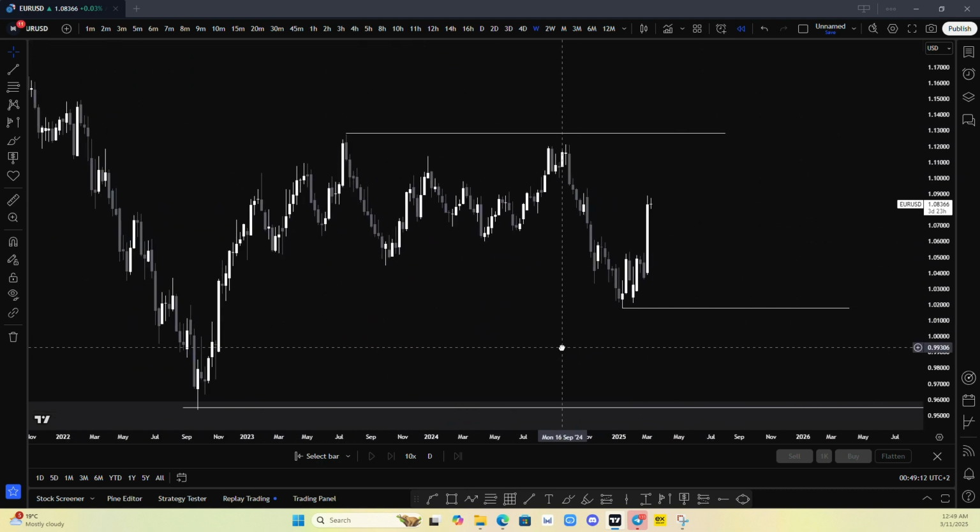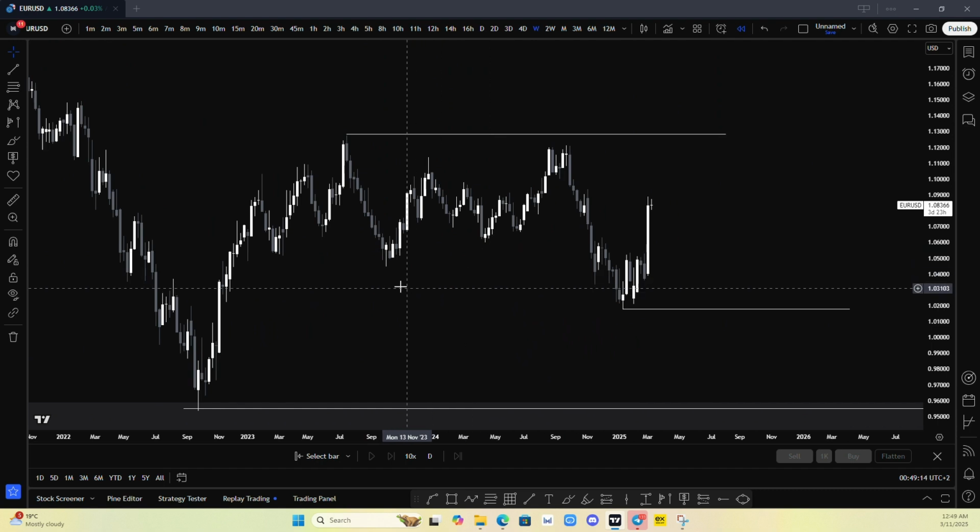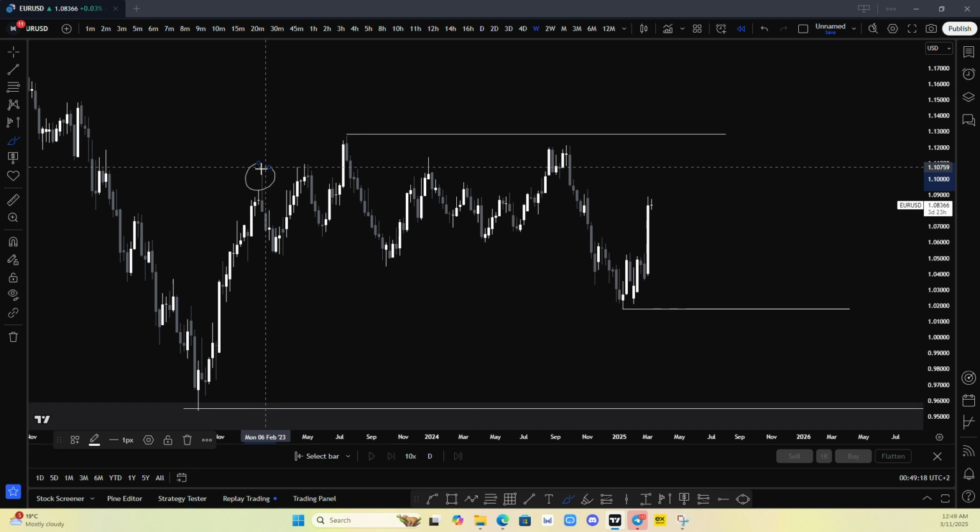So on the weekly chart, we can see that previously we had this uptrend, whereas our higher highs were being violated, our higher lows respected, our higher highs violated, our higher lows respected, and this here was the highest point.